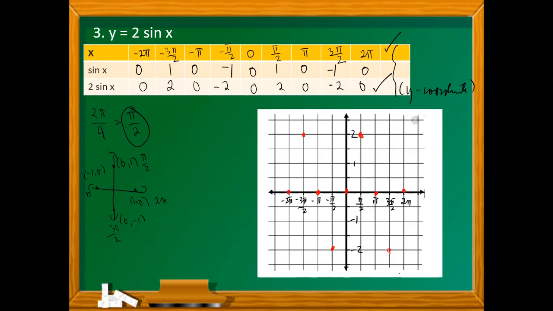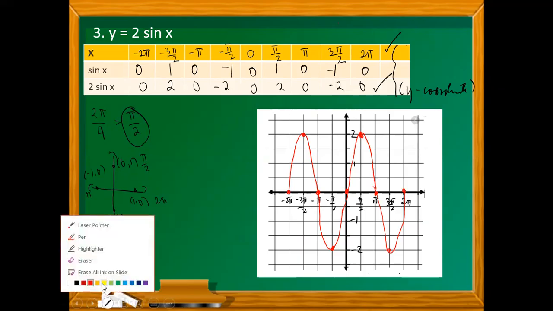And then we will connect the points into a sinusoidal curve. So that's the graph of y equals 2 sine x. Take note, class, if we're going to compare this with the graph of y equals sine x, this graph is taller than the graph of y equals sine x.